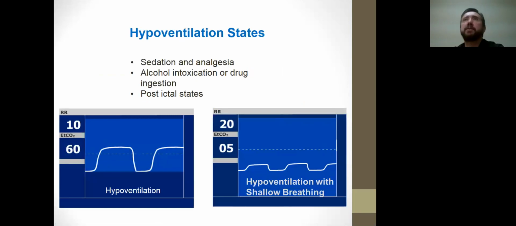With hypoventilation, our primary goal is to prevent hypoxia by early identification of hypoventilation. So when a person hypoventilates, their CO2 is going to go up because they're retaining it. Hypoventilation can be caused by an altered mental status, such as an overdose, too much sedation, intoxication, a postictal state, maybe a head trauma, a stroke, or even a tiring CHF patient.